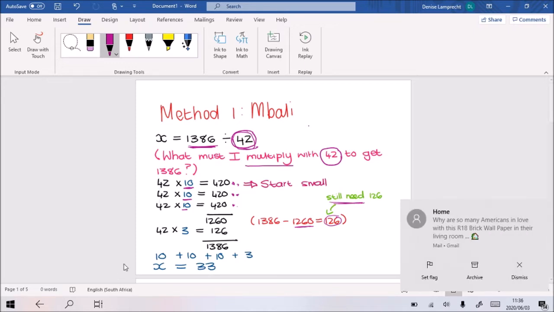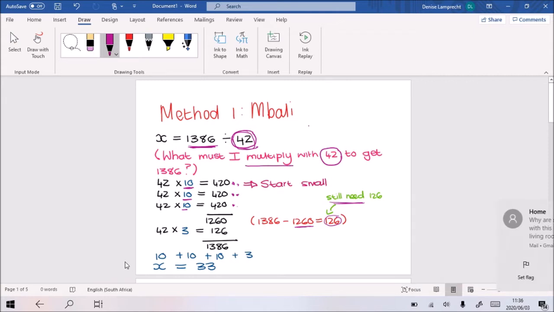Now, what times 42 will give me 126? 42 times 3 is 126. Then I get to the answer of 1386. So, what is my answer? I must add whatever I multiplied with.